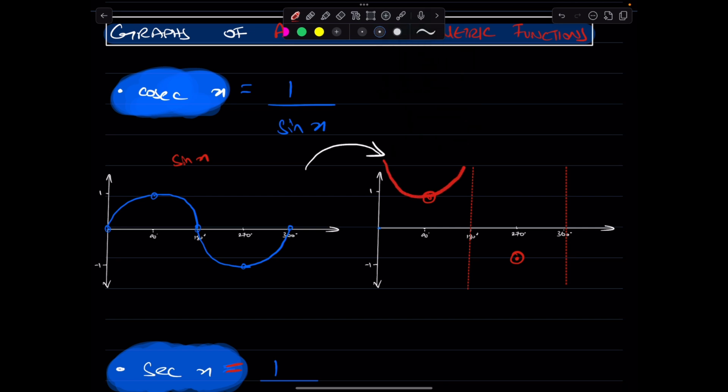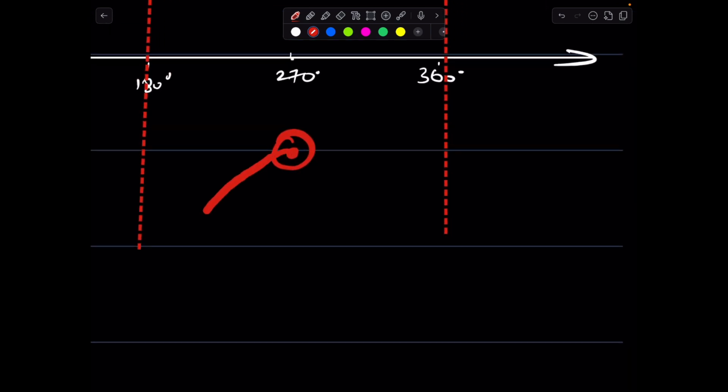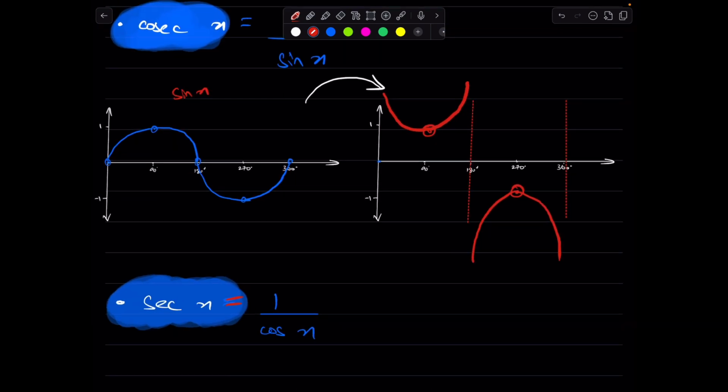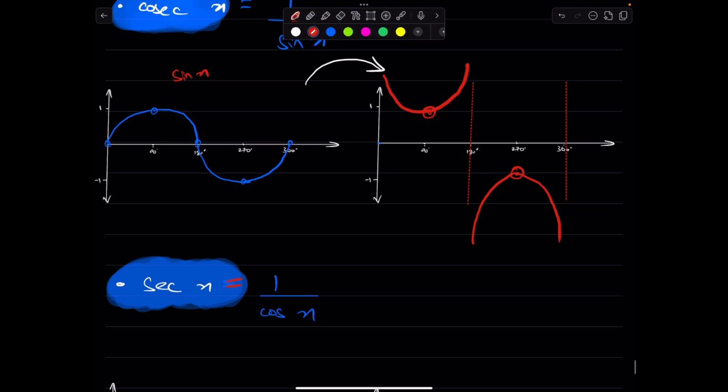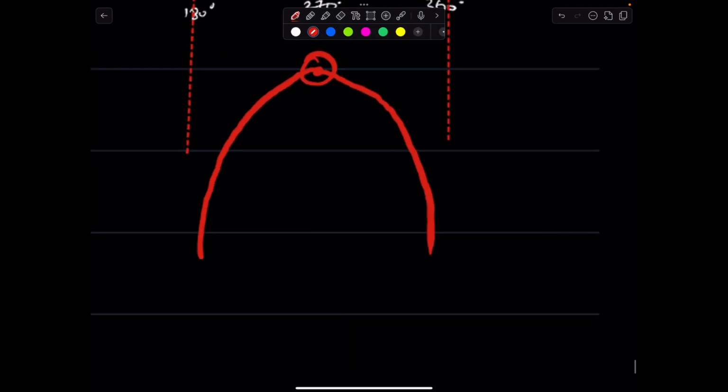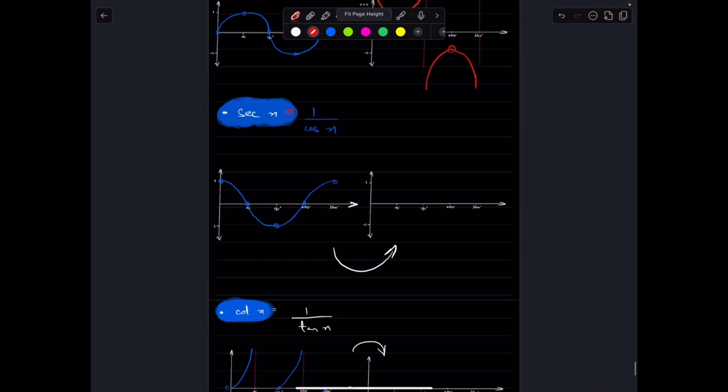We had infinity at 0, and this is an asymptote. We have an asymptote here too, and then here. This approaches infinity here, and this would look something like this, and this should never meet again. It should never meet, but it should look as if they are approaching each other.